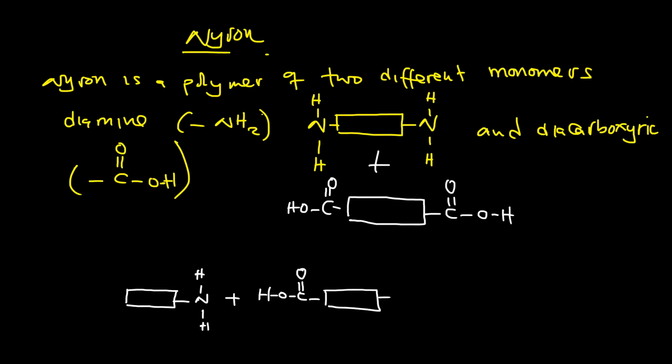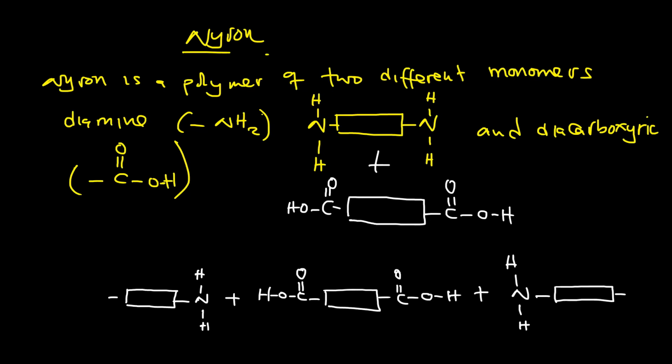Okay, so here I can put another functional group like that. Then here I can add another amine like this. So a lot of them join, and what is formed is what we call nylon. Okay, so at the end I can just leave it open like that.